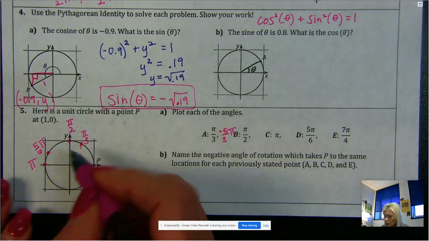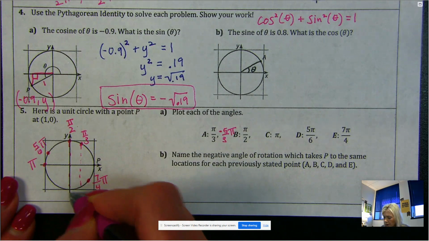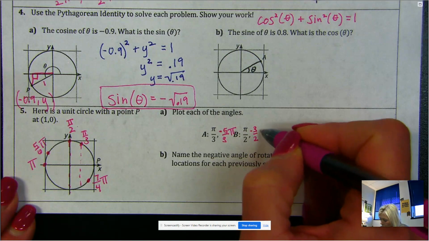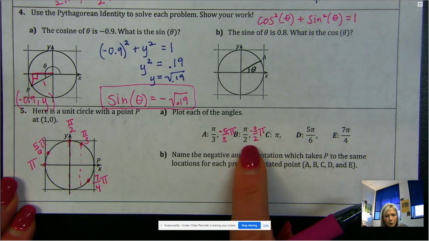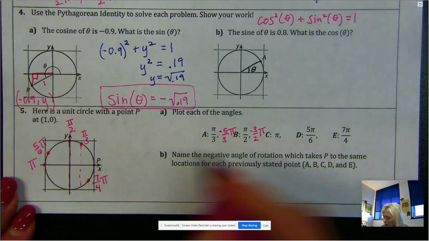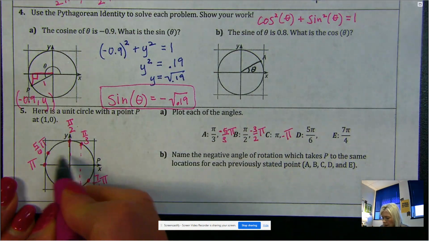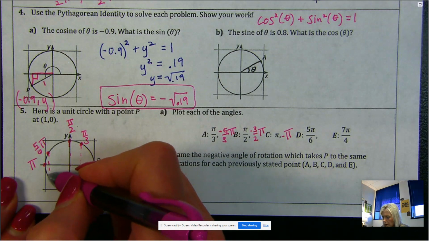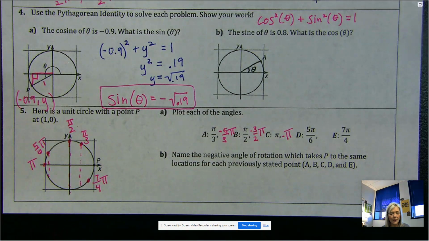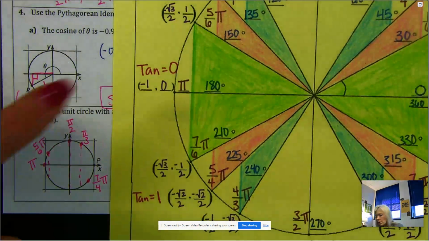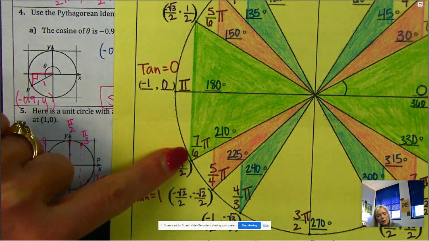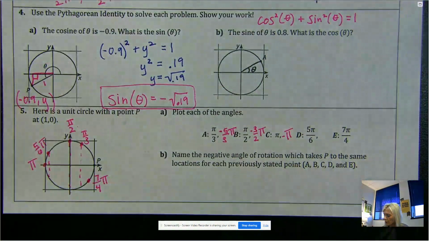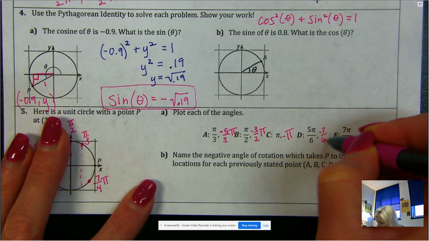For pi over 2, right under it is 3 pi over 2, so negative 3 pi over 2 will land at that same point. For pi, negative pi, same distance, opposite direction. 5/6 of pi is here, and right below it is 7/6 of pi, so negative 7/6 of pi will land up there.